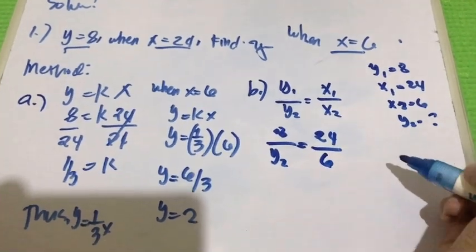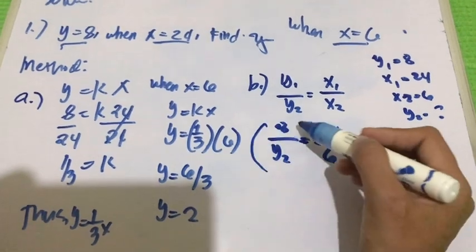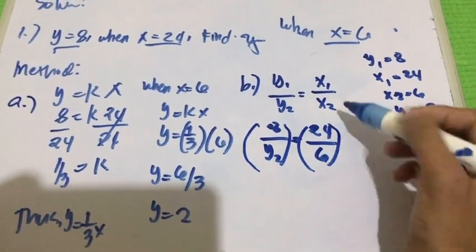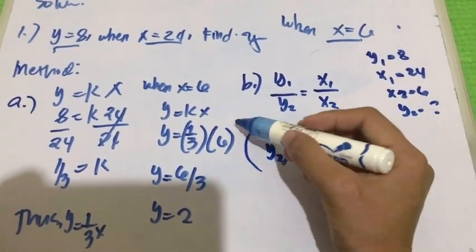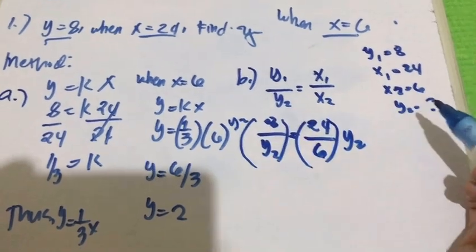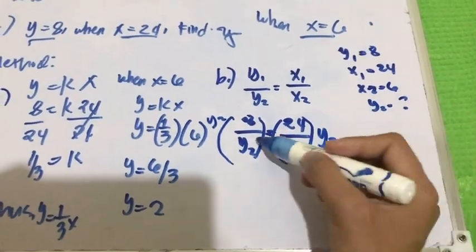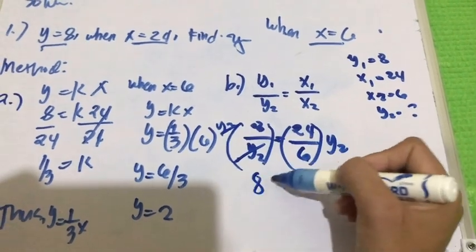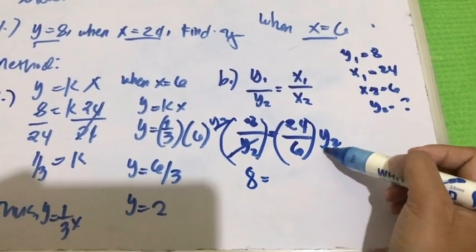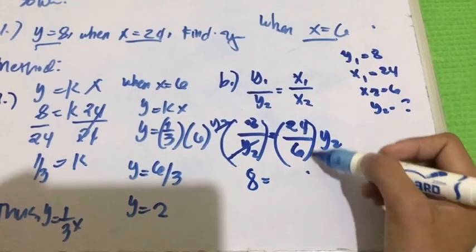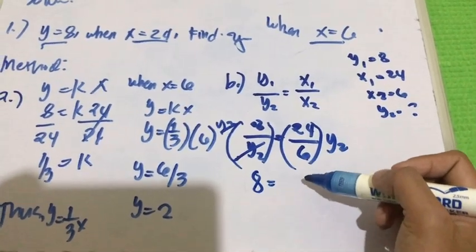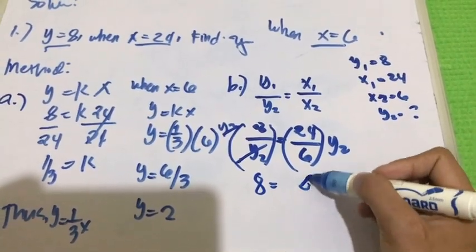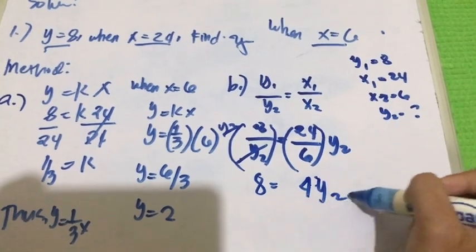So after this, we could divide both sides by y sub 2, so that this would bring us 8 here, and on the right side we have 24 divided by 6, that is 4, y sub 2.